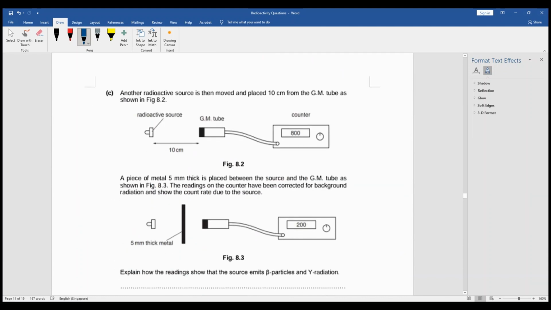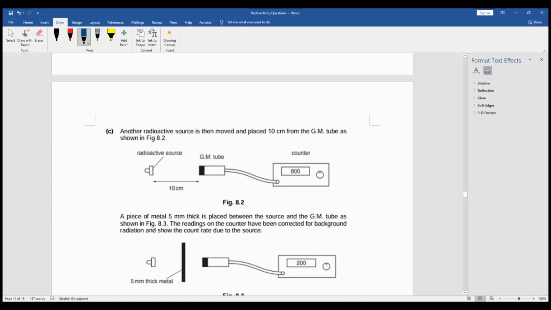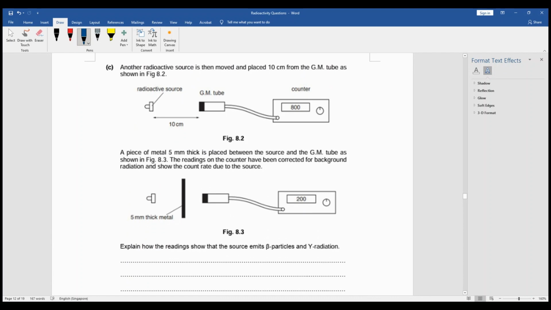The reading has been corrected, so background should be 0. So this is only due to the source. So beta and gamma. Explain how the readings show that the source emits beta and gamma. Why not alpha? Okay, I know why.